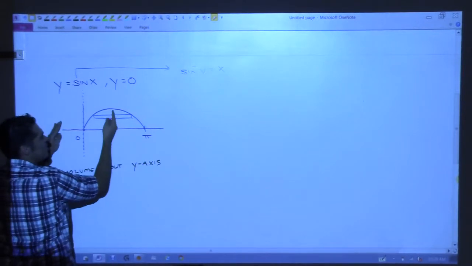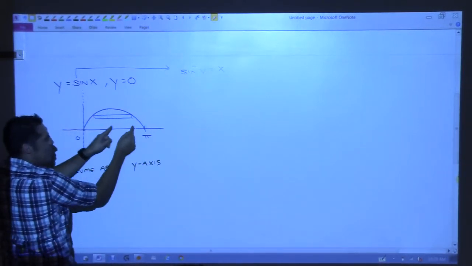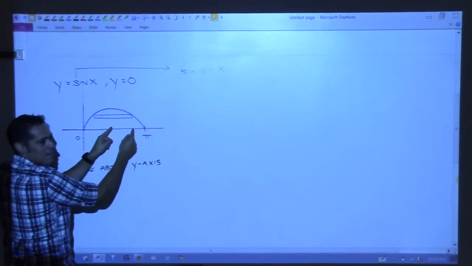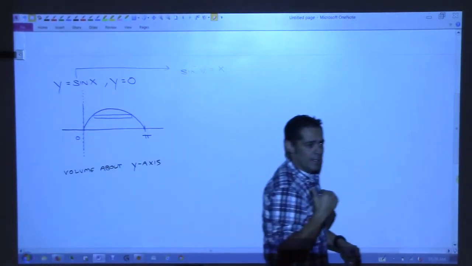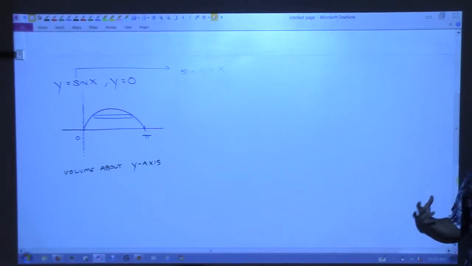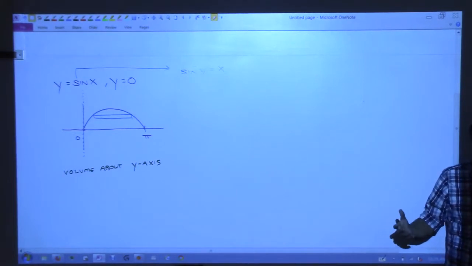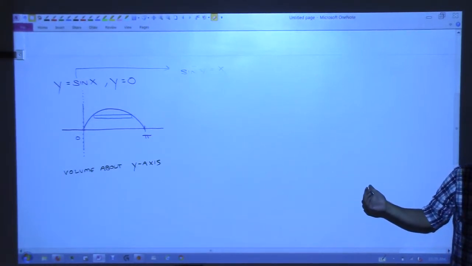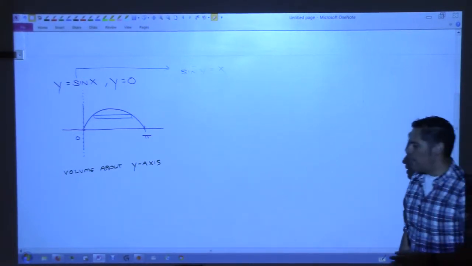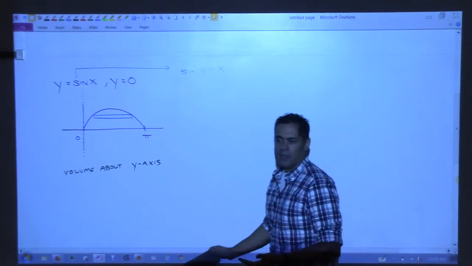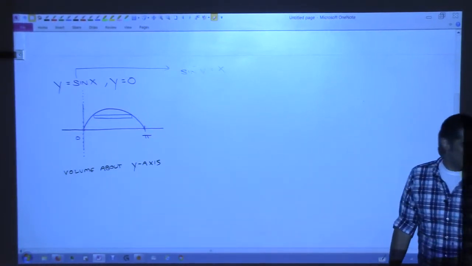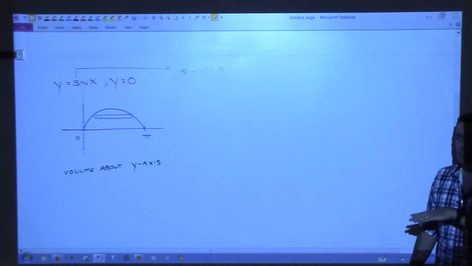So maybe you say, okay, I'll just take half of it. But I want that rotated too, right? Do you see that this is very problematic? Yes. And the methods we have right now, we don't have a way of doing this. Okay? Yet. So now we introduce a new method. It's called the method of shells. Not washers, shells.